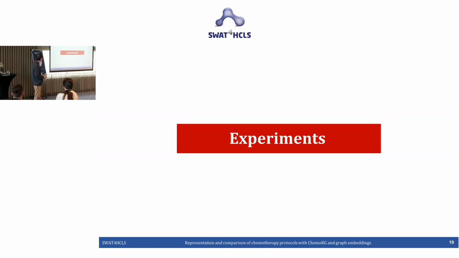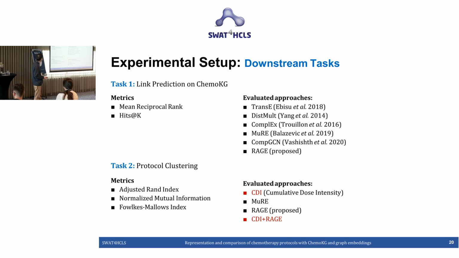Lastly, about the experiments, we did two downstream tasks. The first one is link prediction on ChemoKG. We measured metrics such as mean reciprocal rank, MRR, and Hits@K, which rank how accurate the object prediction is compared to other objects, and we evaluated averages for the comparison.